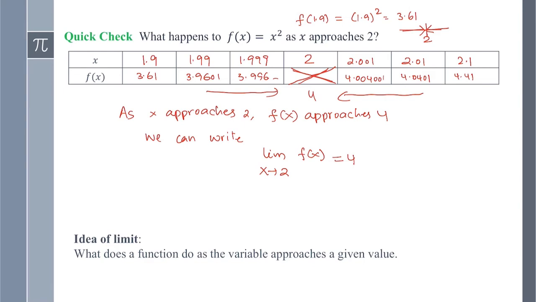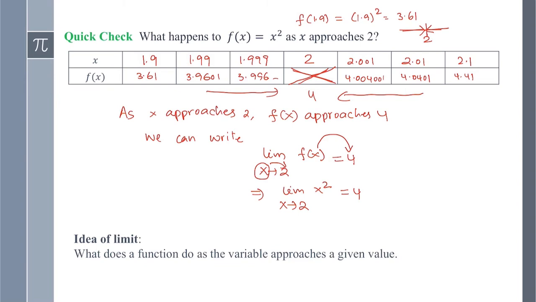Or we can also say the limit of x squared as x approaches 2 equals 4. This means when the independent variable x gets closer to 2, the function is getting closer to 4. Or when x is approaching 2, the function is approaching 4. So this idea is what a limit is.